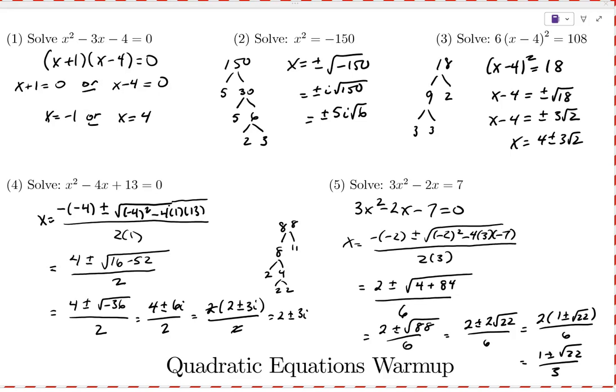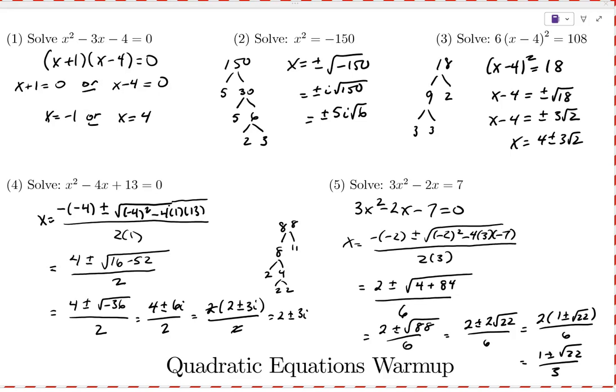In number 3, we also have a perfect square. So if we see a perfect square, it's nice to use that square root method. I need to do one thing first, though. I need to get that perfect square by itself. So the first thing I did was divide both sides of the equation by 6. And then do the same exact thing we did in the previous problem. Take the square root of both sides.